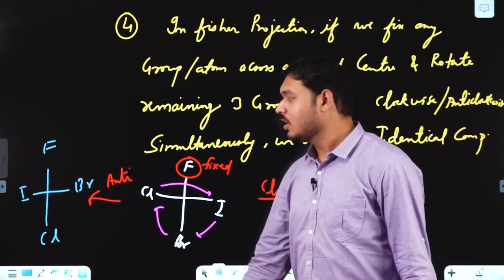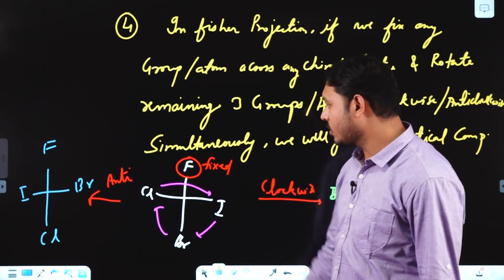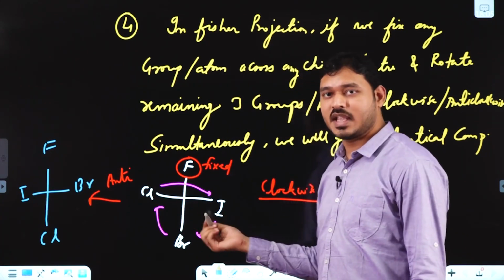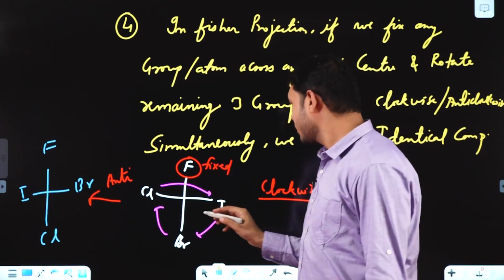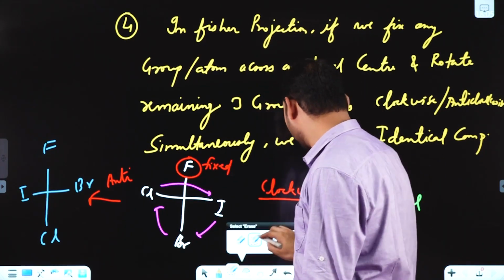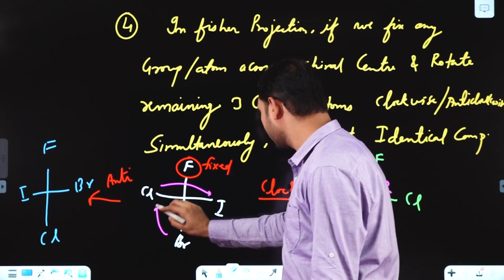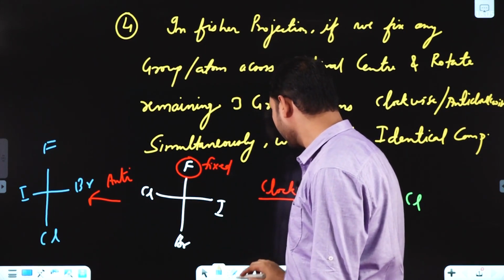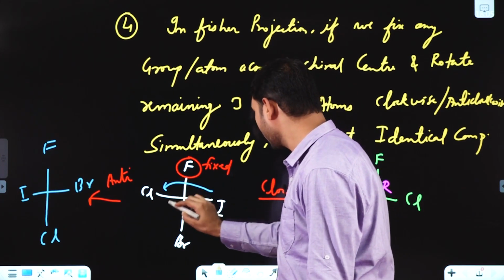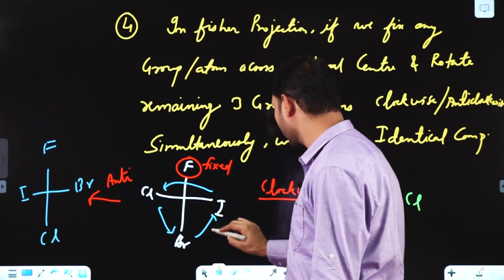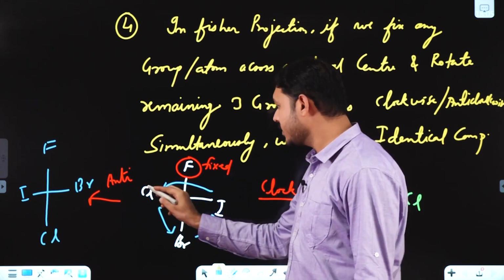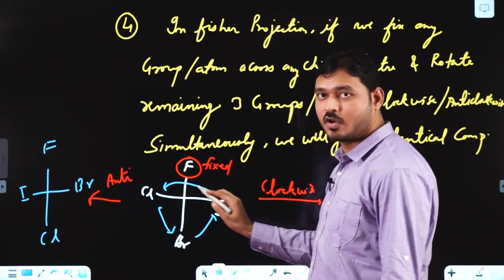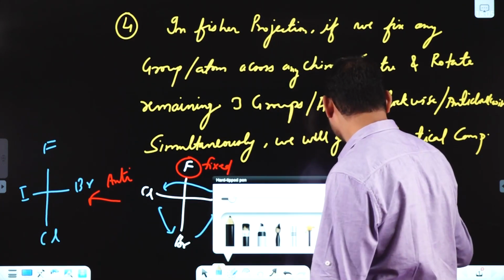Clear to all of you? Now check the configuration of this part also. If it comes the same, then it is identical. So on anti-clockwise, iodine comes here, chlorine here and bromine here. Okay, check R S.